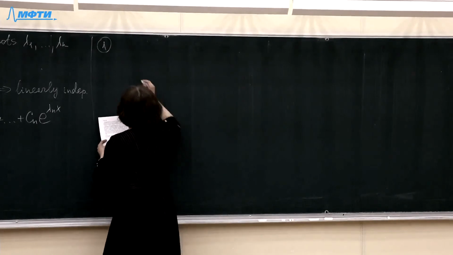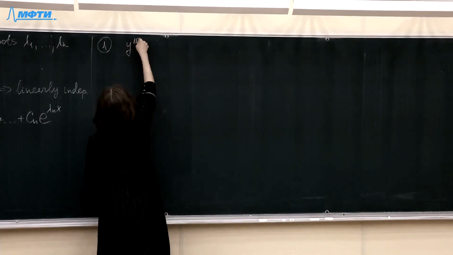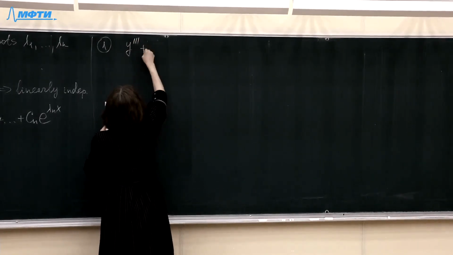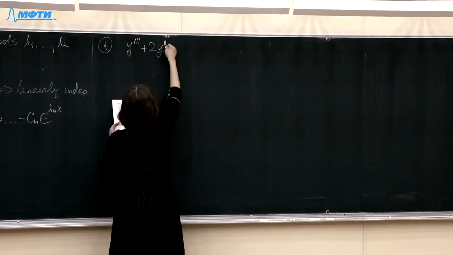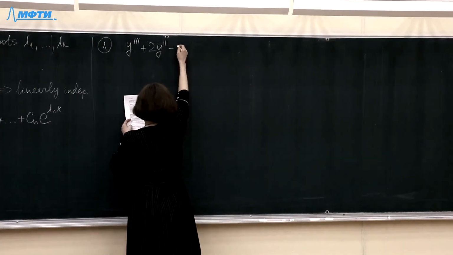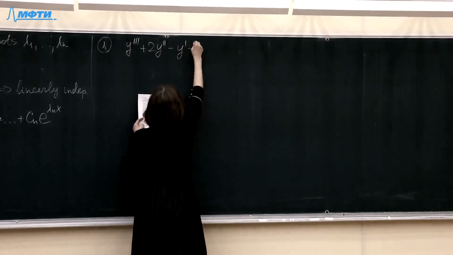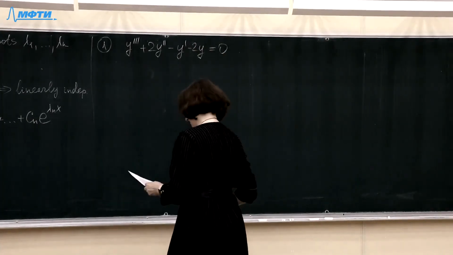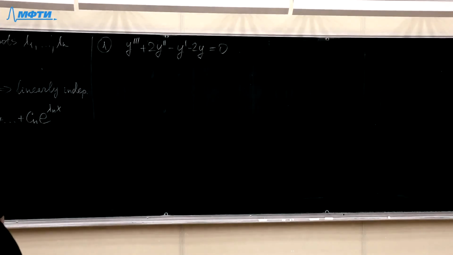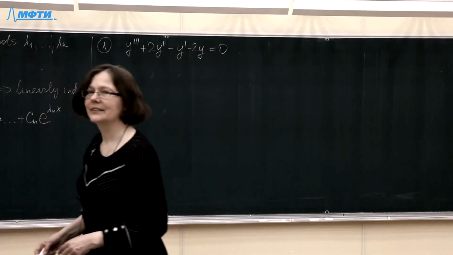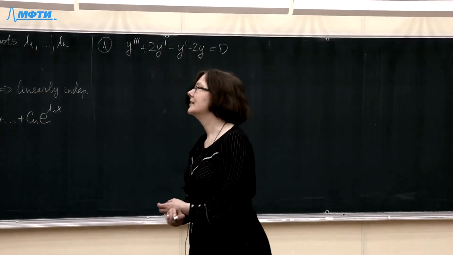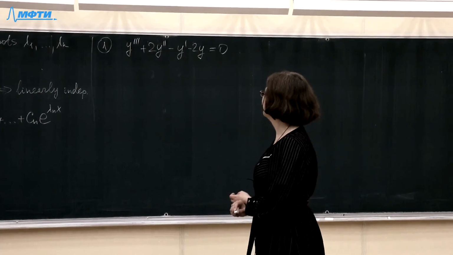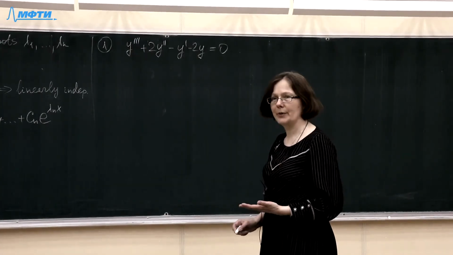Find the general solution of the following equation: y''' plus 2y'' minus y' minus 2y equals 0. Right, so this is our differential equation.